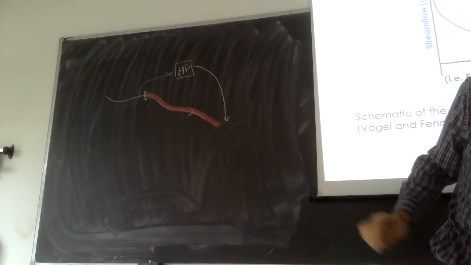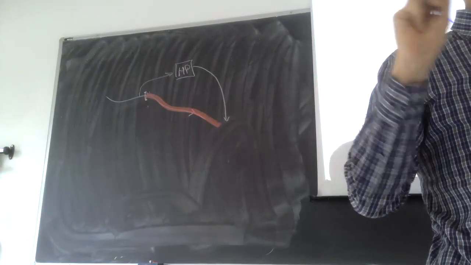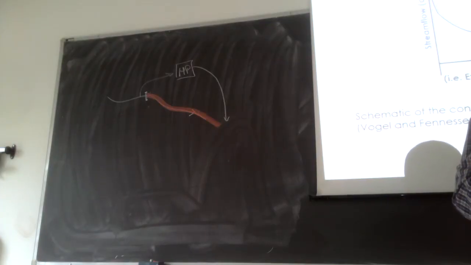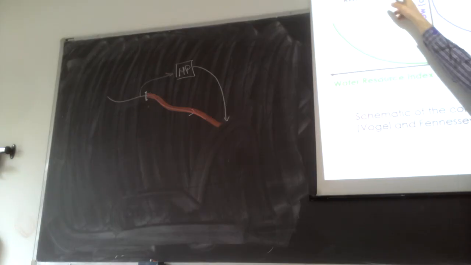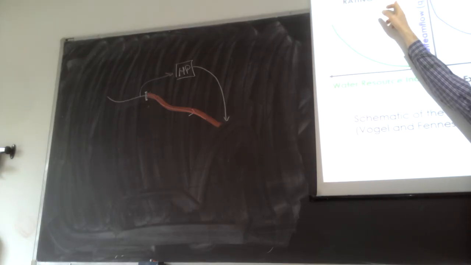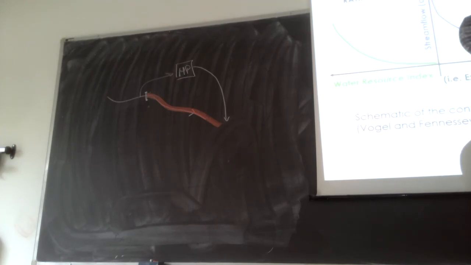So, let's suppose we start from the flow duration curve, and let's suppose that this is a rating curve in general. Rating curve we tend to associate to the relationship between water level and discharge. This is a rating curve in general. This is a water resources index, it can be a water quality index, the concentration of a given pollutant, and the stream flow.